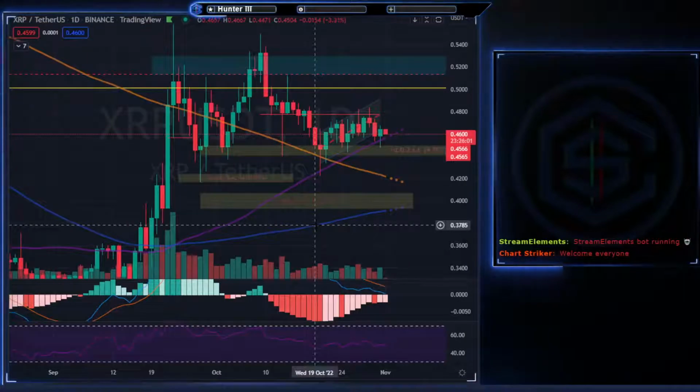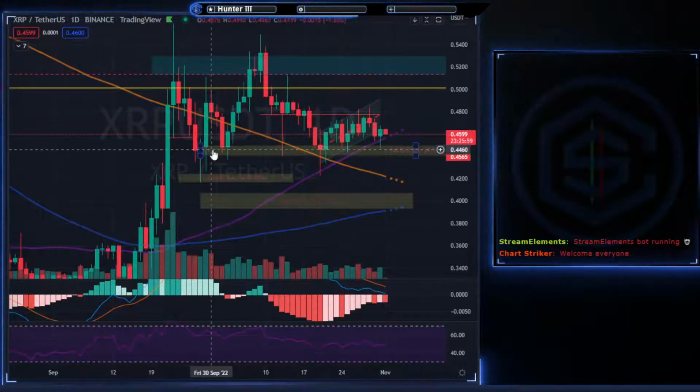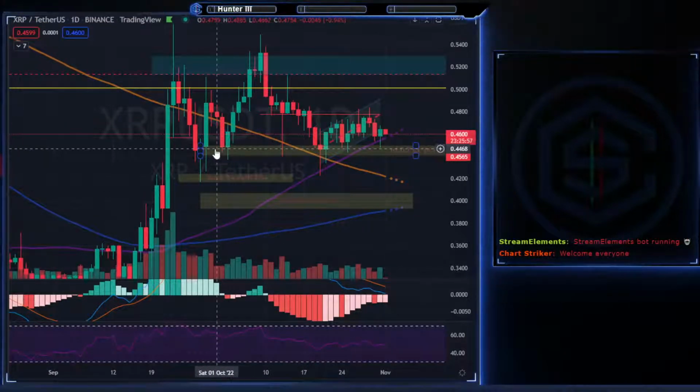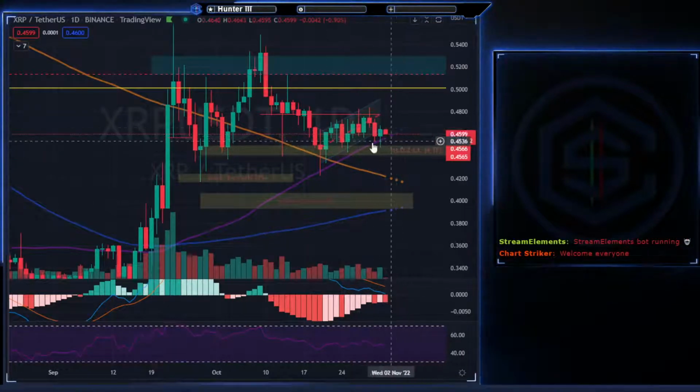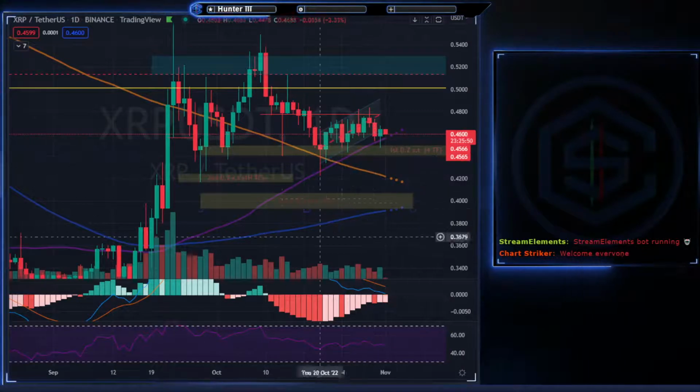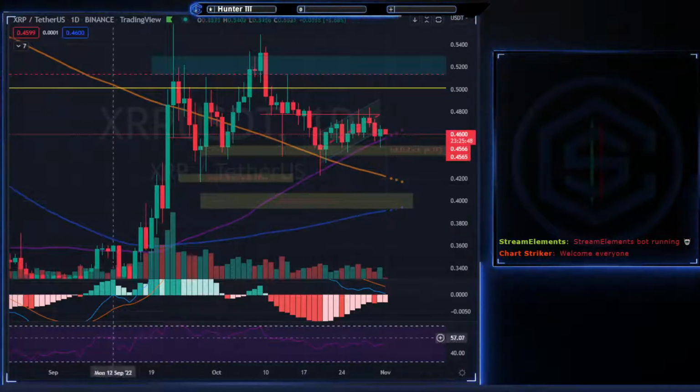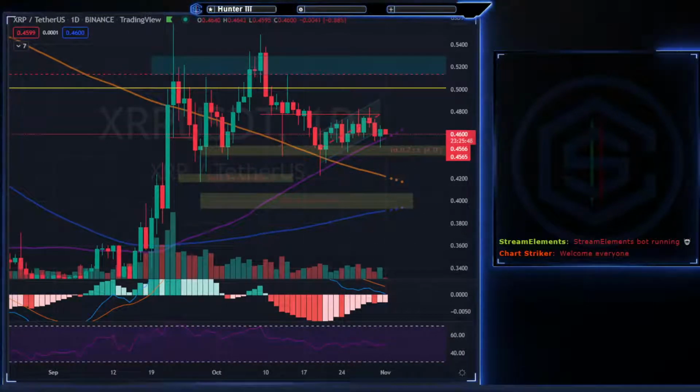We got some bullish divergence on the RSI as well, between the end of September to this day we are at right now, okay? So we'll see what happens, but keep in mind what's going on.